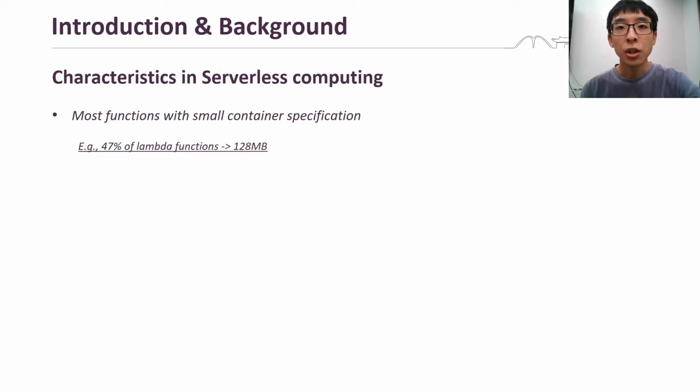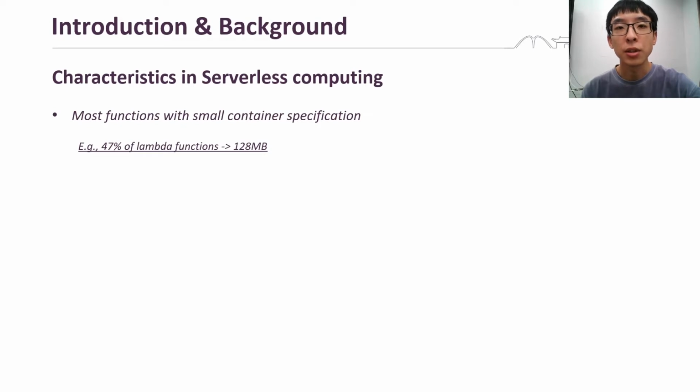Before investigating the challenges that using secure containers may introduce, we first need to realize what makes serverless special. First, the small container specification in serverless computing brings the requirement to deploy containers densely on a node.